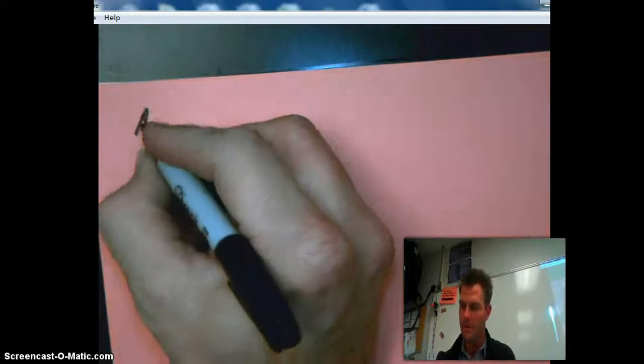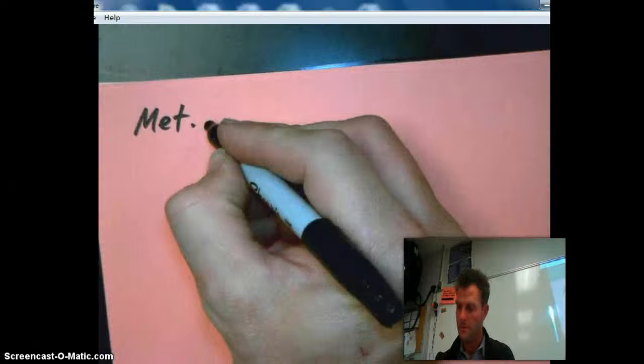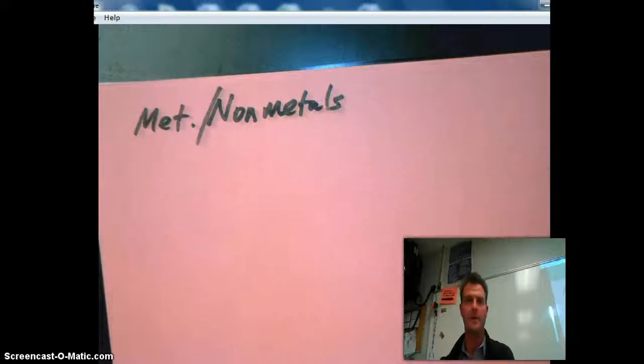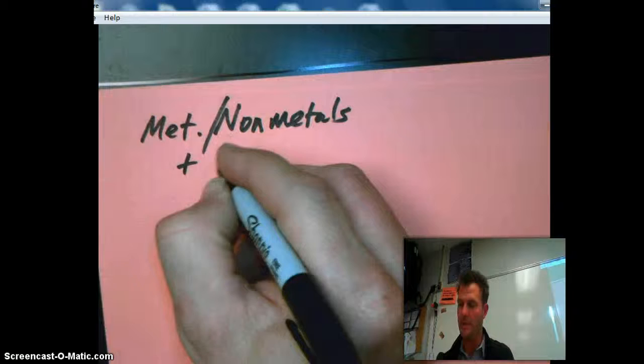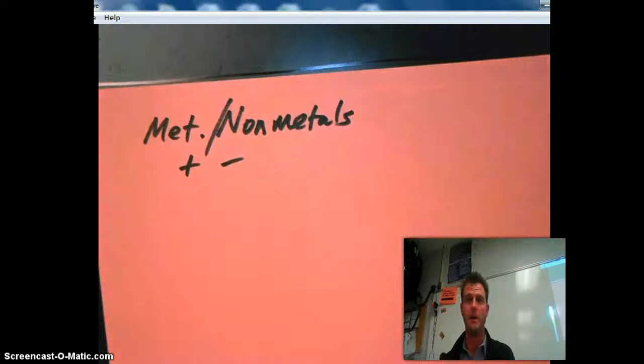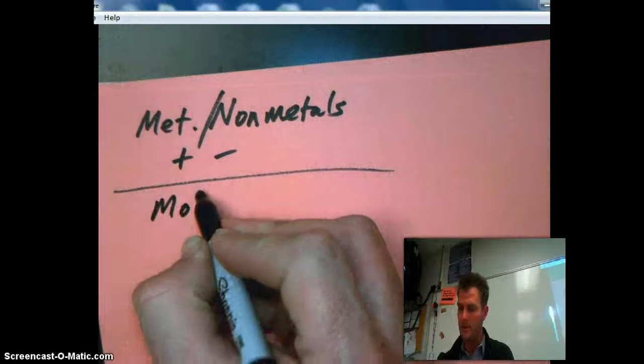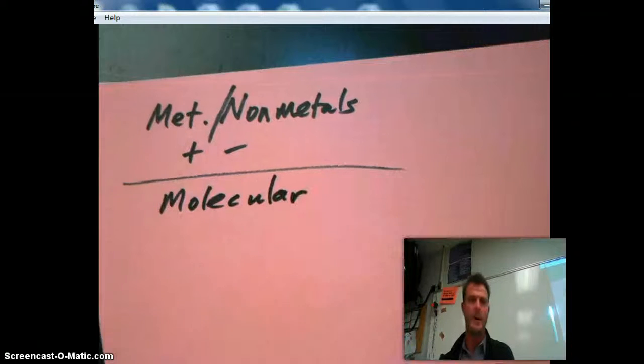It's called molecular compounds. So with ionic compounds, we were dealing with metals and non-metals, which means we had a plus and a minus, coming from the left of the periodic table and the right of the periodic table. Well, today we're going to be dealing with molecular compounds. Sometimes they are called covalent compounds.